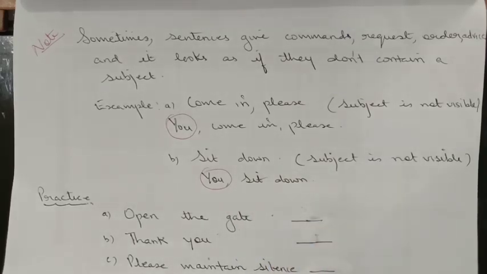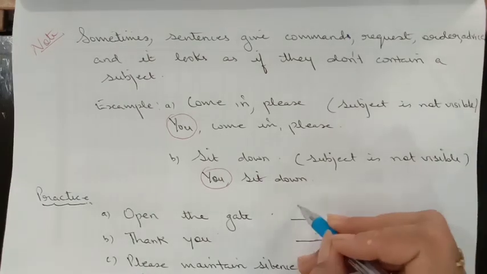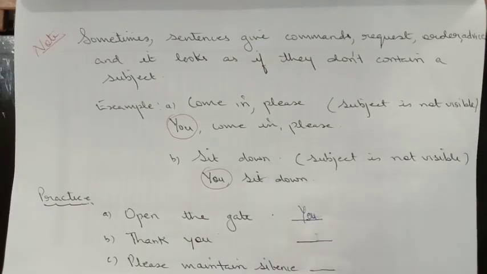You sit down. So, sometimes in a sentence, you may not get the subject in the written portion. You have to think about whether it is a command, request, advice or order. Open the gate. You open the gate. Thank you.